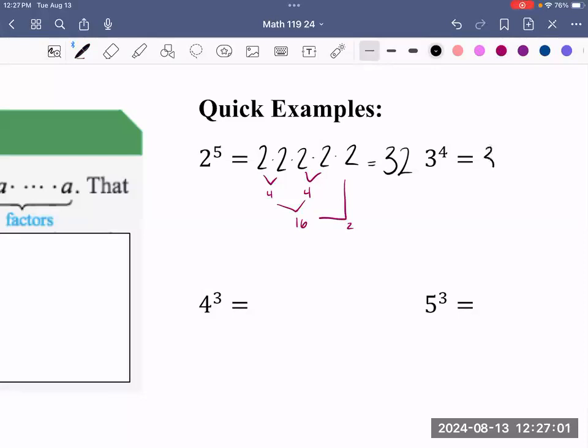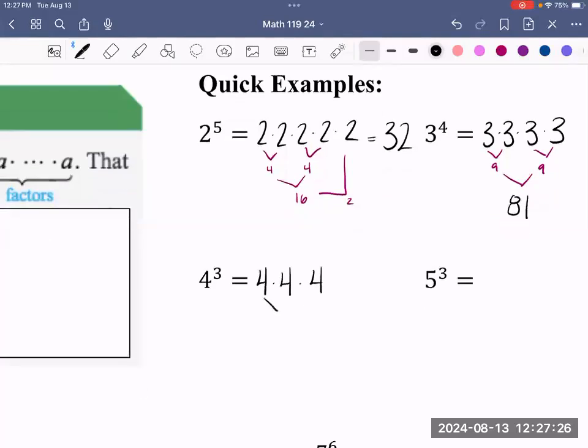Let's do it again. 3 written out 4 times. 3 times 3 is 9. Do it in a different color. And another 3 times 3 is another 9. 9 times 9 is 81. Doing it again, 4 to the third. 4 times 4 times 4.